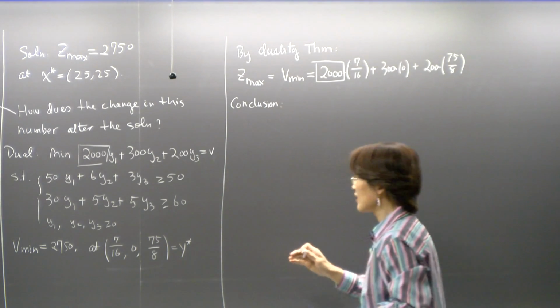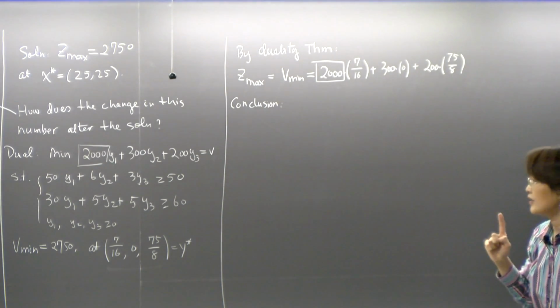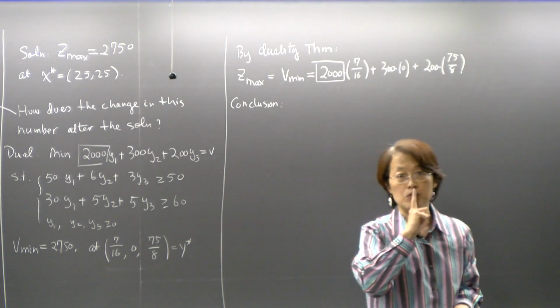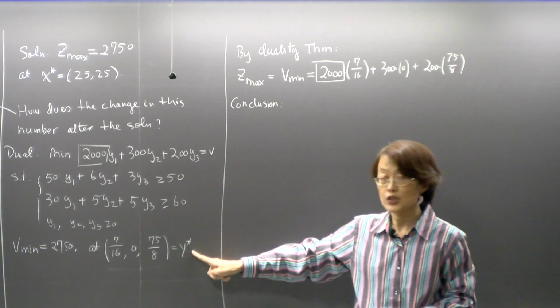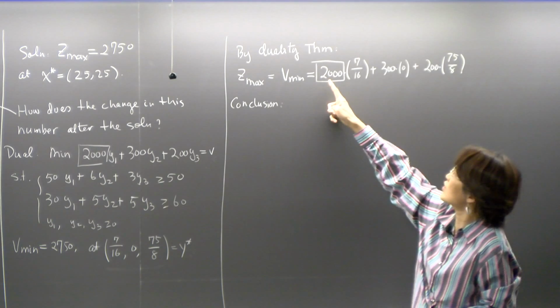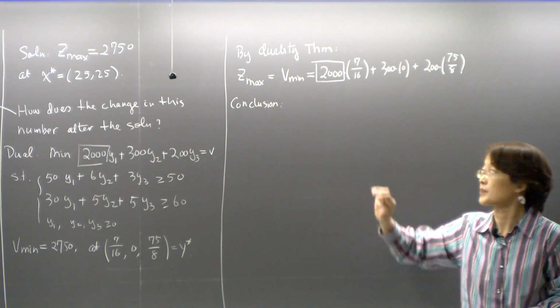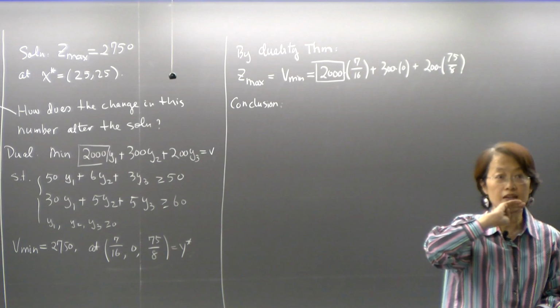Okay, so we have to be careful. This expression is valid as long as the y star here is the optimal solution. If the optimal solution shall change, you know, if you change this 2,000 into a big number, you might change the optimal solution. Then this expression is not valid anymore.